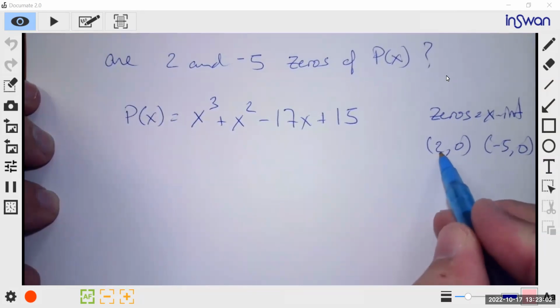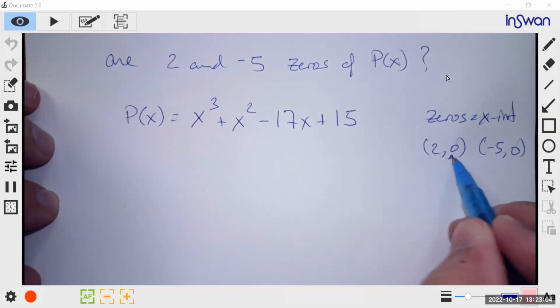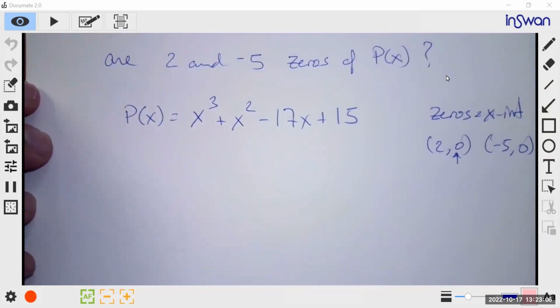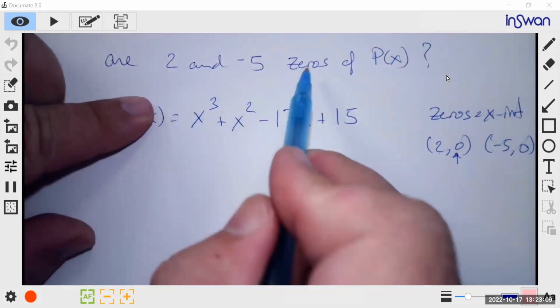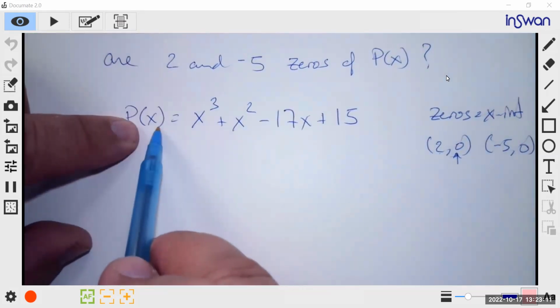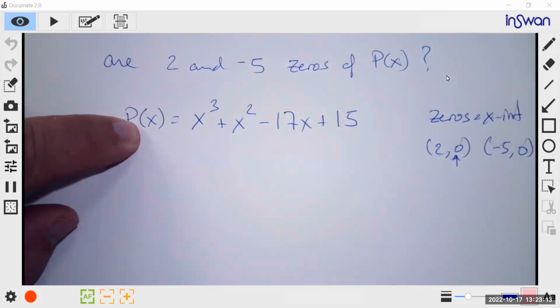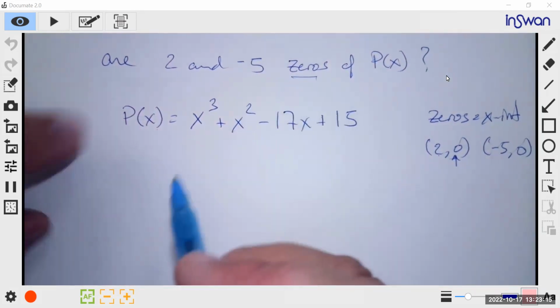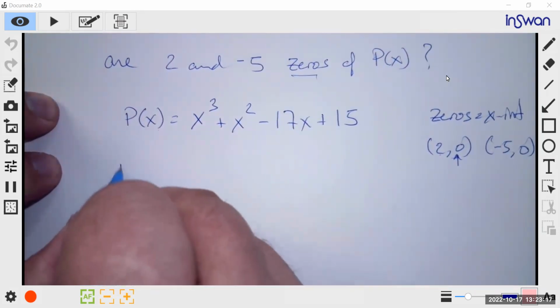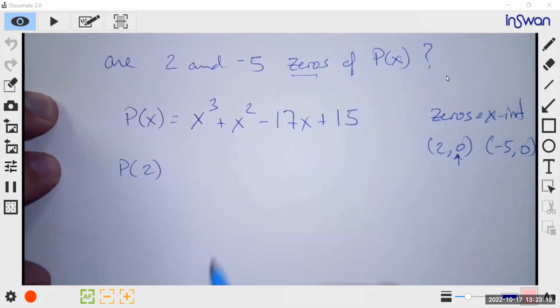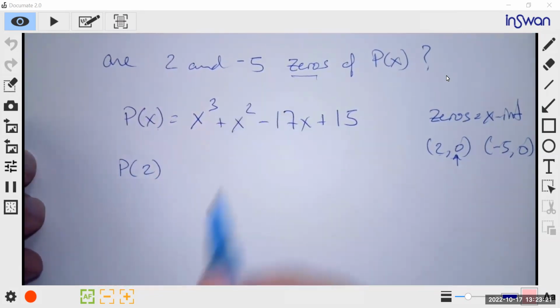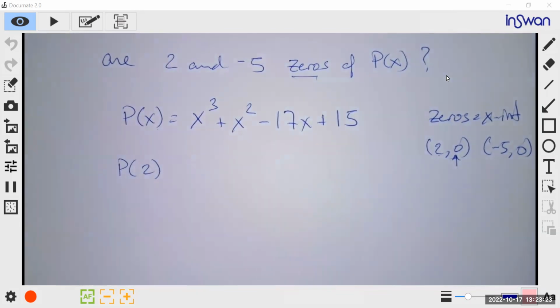If you plug this number into the equation, it should equal 0. That's why they're called zeros. So you have to test both of them. Work it out. Tell me which one's which, if either of them even.